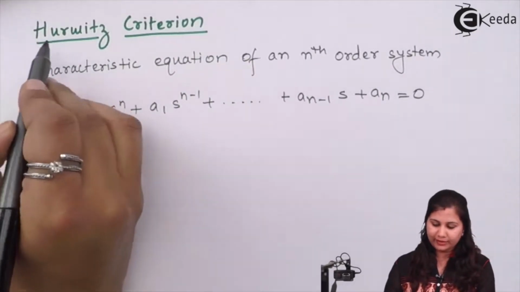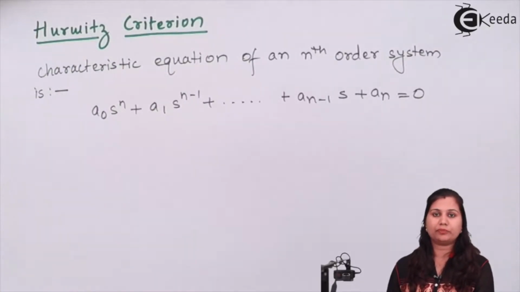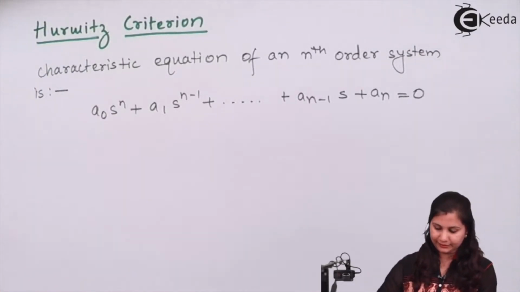Now the scientist Hurwitz says that for a system to be stable, the Hurwitz determinants should be greater than 0. And these Hurwitz determinants are the principal minors of the following arrangement. So if we see that arrangement, it is like this.